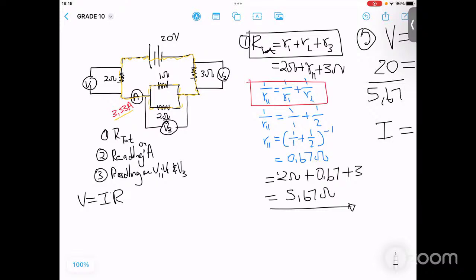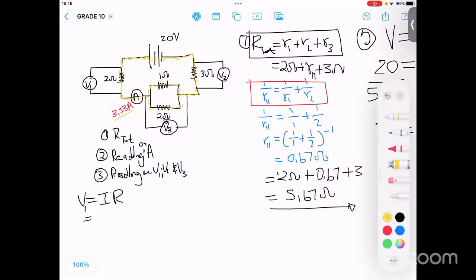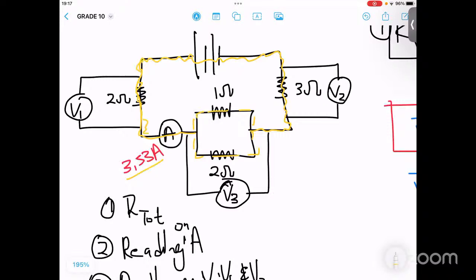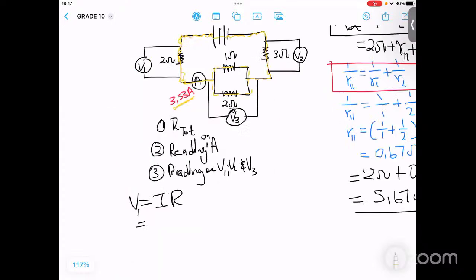In this case, I'll be calculating V1. So the question now is, what is the current passing through where V1 is connected? It is that same current there, honorable members. It is that same current.